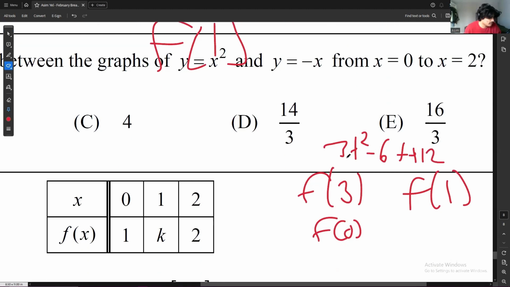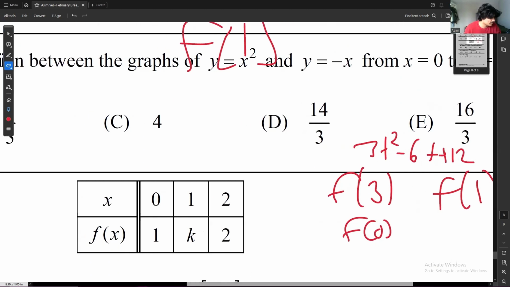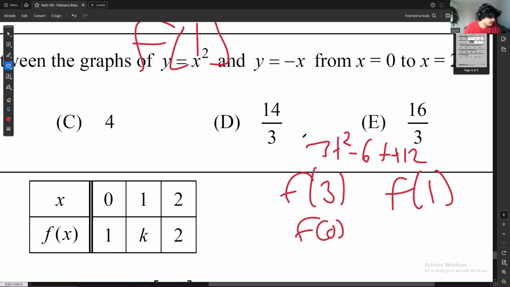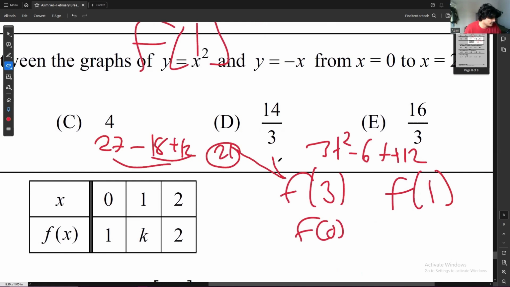If I plug in 3: 27 minus 18 plus 12, negative 6, 21. I end up with 21.